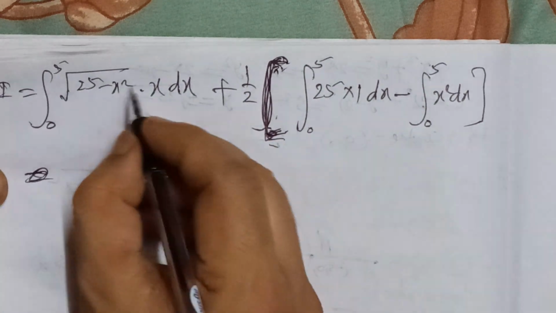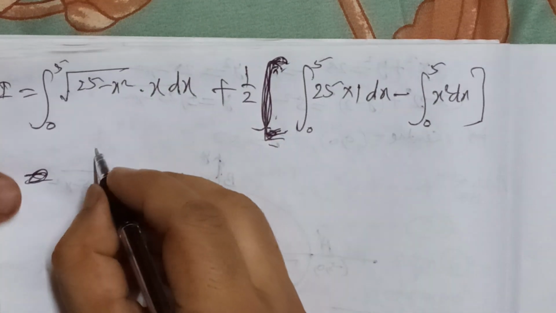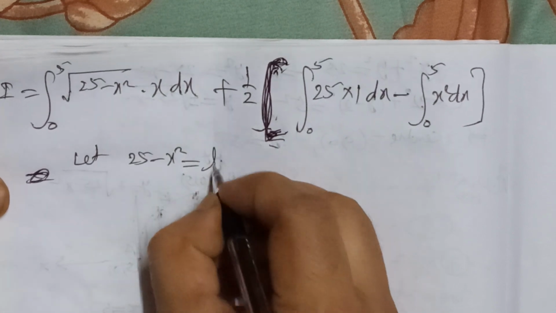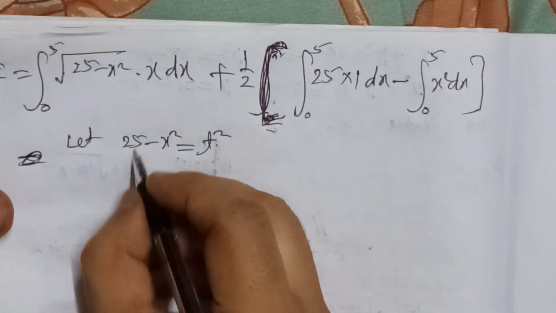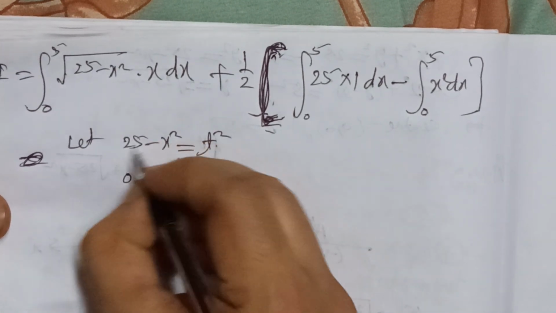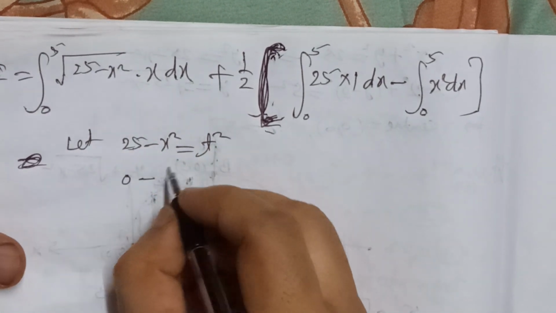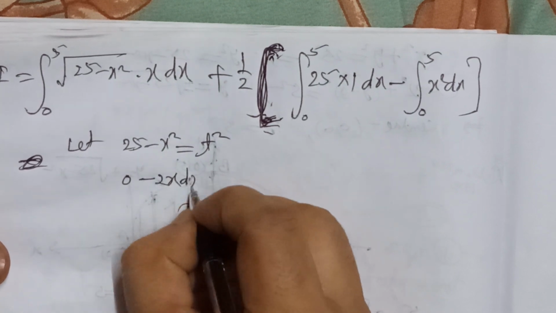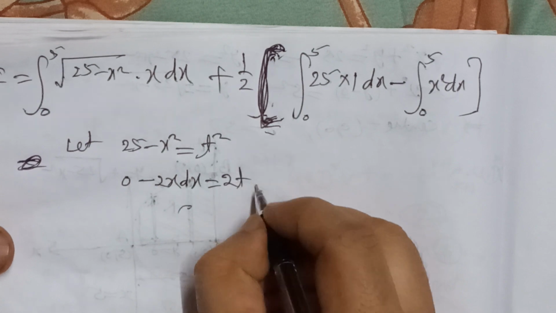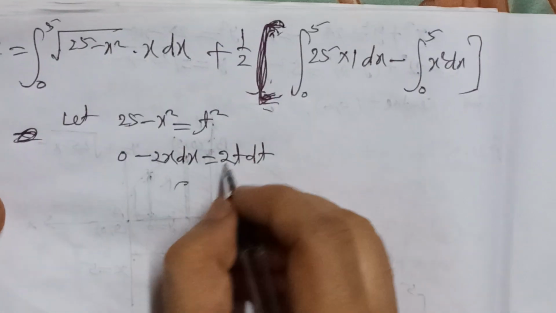For this integration, let 25 minus x square be equal to t square, then on differentiating we get 0, the differentiation of 25, and the differentiation of x square is 2x dx. Also the differentiation of t square is 2 into t into dt.